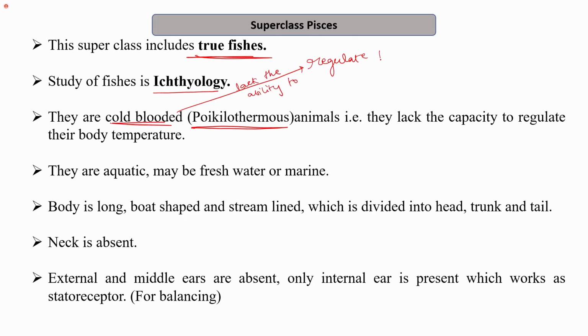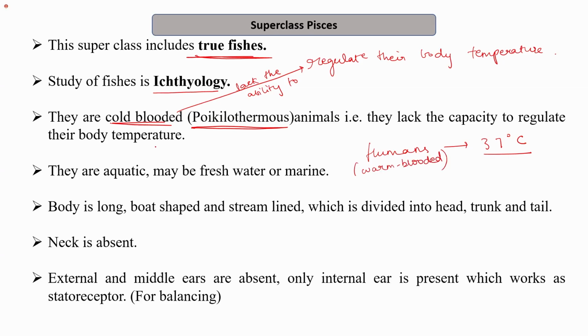to regulate their temperature. Even if it is summer, our body tries to maintain the temperature at 37 degrees centigrade. Irrespective of the outer temperature, our body maintains the internal temperature. So we are warm-blooded animals, right? We humans are warm-blooded.